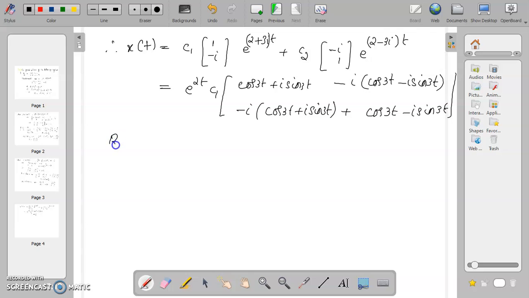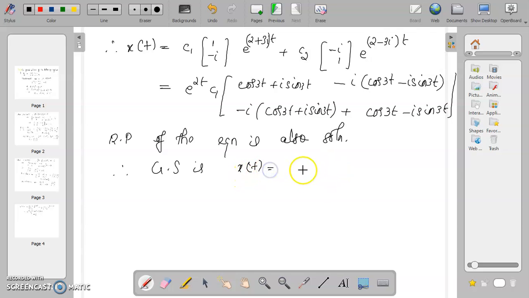Now the real part of the equation is also a solution. So we will take the real part. So therefore the general solution is, x of t will be equal to e raised to 2t, with c1 and c2 inside.